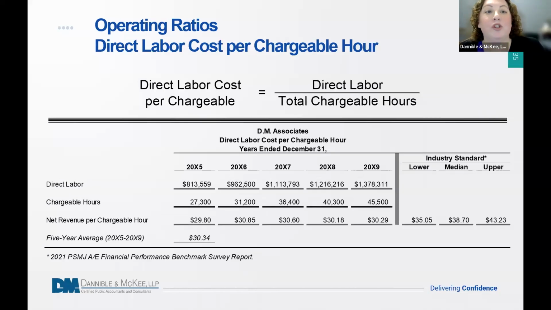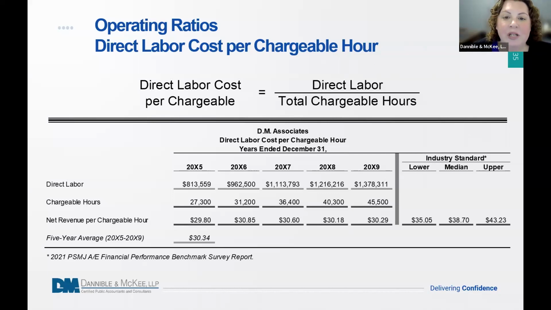This is another great one, direct labor cost per chargeable hour. So looking at this a little bit differently, looking at direct labor by chargeable hours. Here the firm is at $30.29 compared to industry standard, which is higher at $38.70.